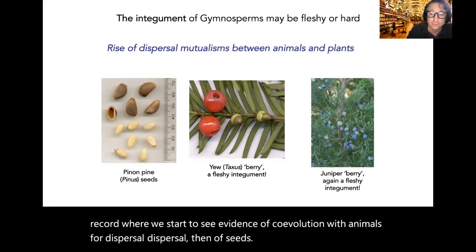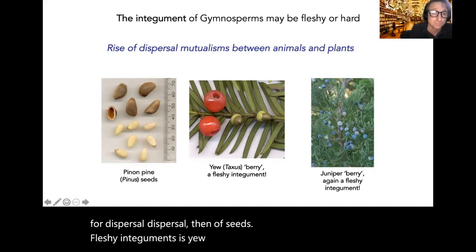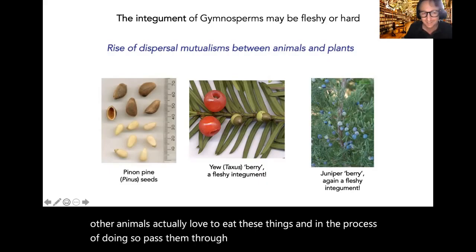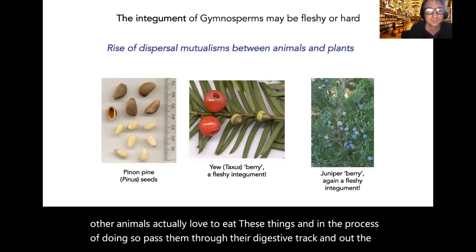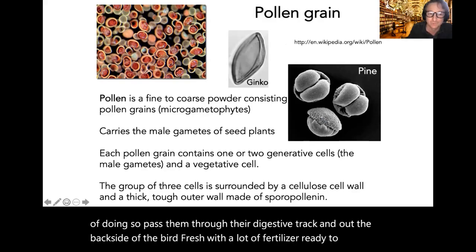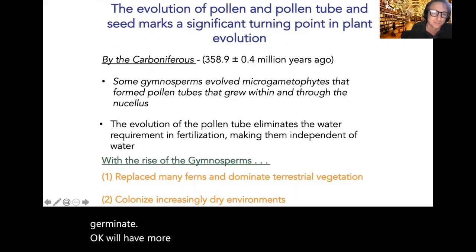Fleshy integuments, these yew berries, juniper berries, certain birds and other animals actually love to eat these things. And in the process of doing so, pass them through their digestive tract and out the backside of the bird, fresh with a lot of fertilizer, ready to germinate. Okay, we'll have more on coevolution as we come up.